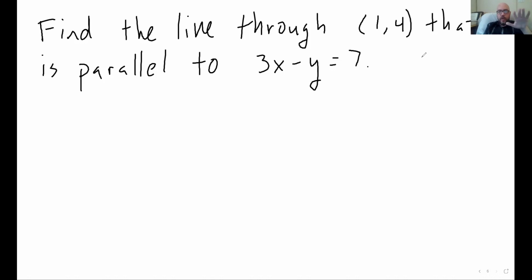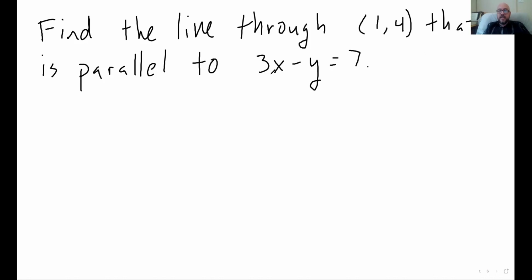Now, here's where people get tripped up on these. Let's go back to the very beginning. I am looking for a point on the line and the slope of the line, that's it. I find those things, plug them into the point slope form, and then we're good. Here is the point I want, 1, 4. I need to find the slope of the line I am looking for. Well, this line is not the line I'm looking for.